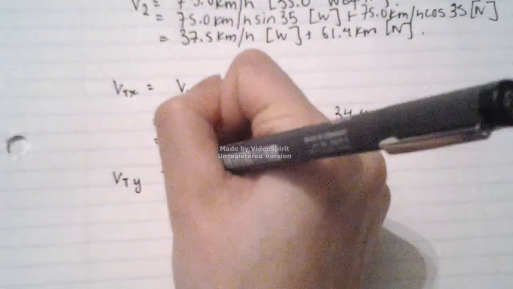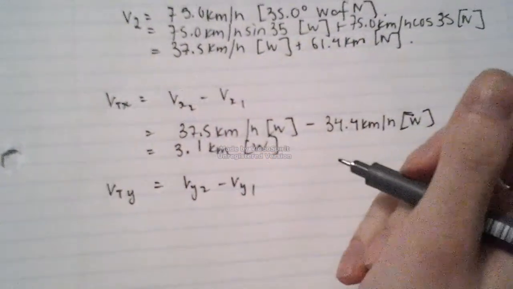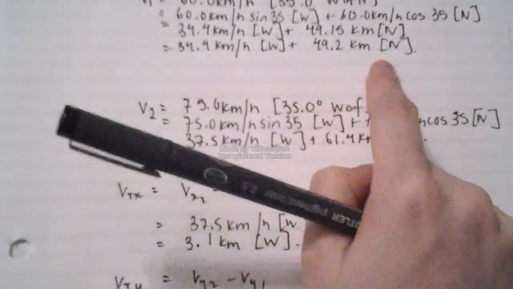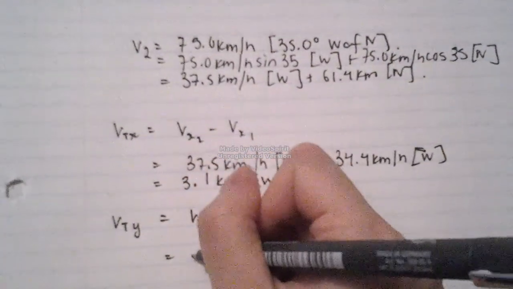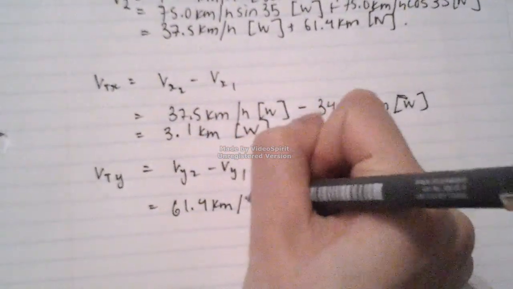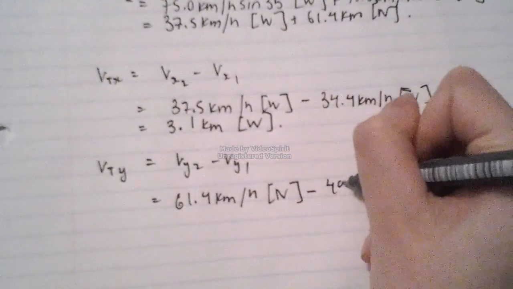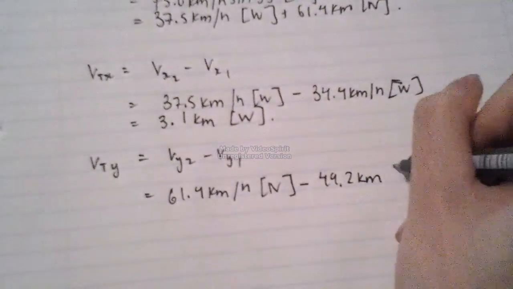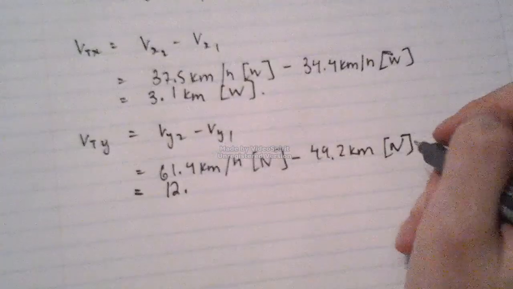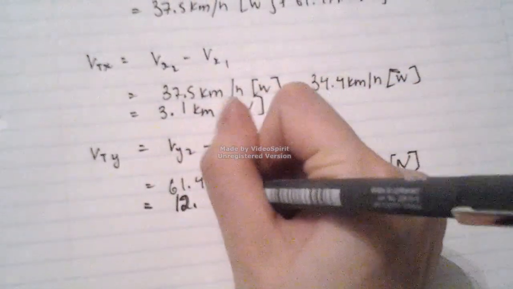And we shall do the same thing with our y-axis values. So Vy2 minus Vy1 is equal to 61.4 kilometers an hour north minus 49.2 kilometers an hour, which is equal to 12.2 kilometers an hour north.